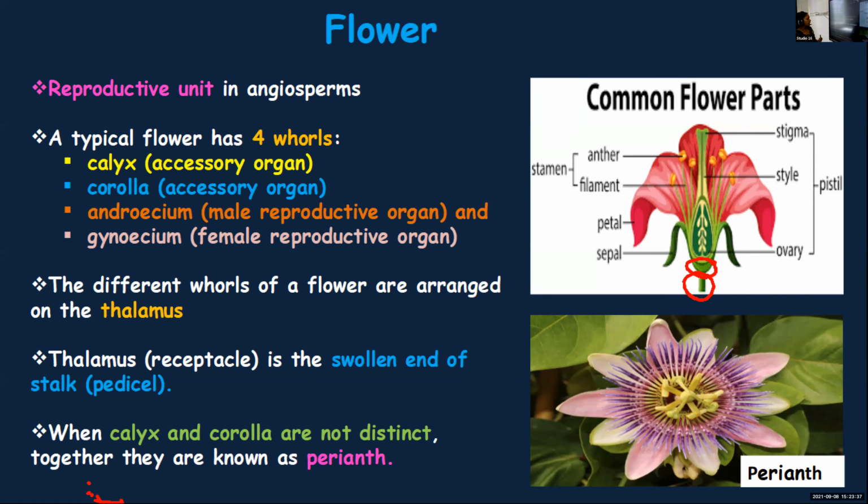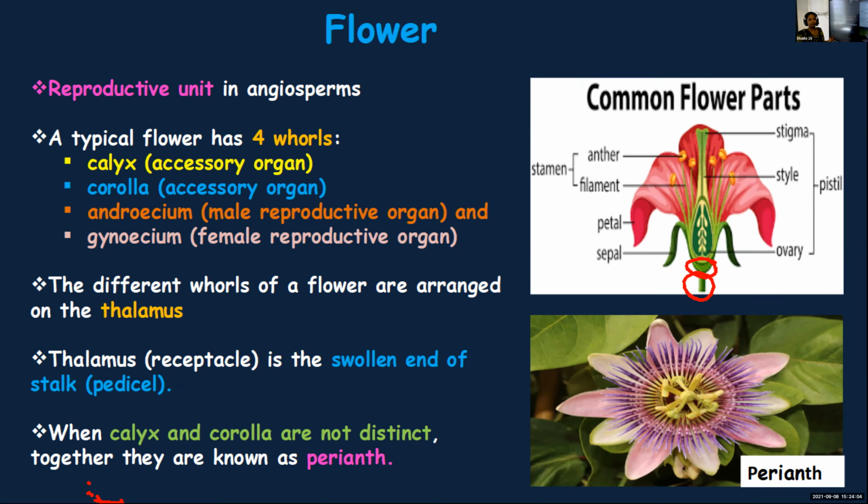So once again, the flower is the reproductive part of a plant, and angiosperms include flowering plants. A typical flower has 4 layers: calyx, corolla, androecium, and gynoecium. These 4 whorls are arranged on the thalamus. Thalamus is the swollen base of the pedicel.